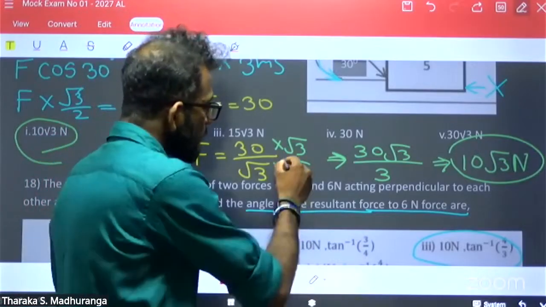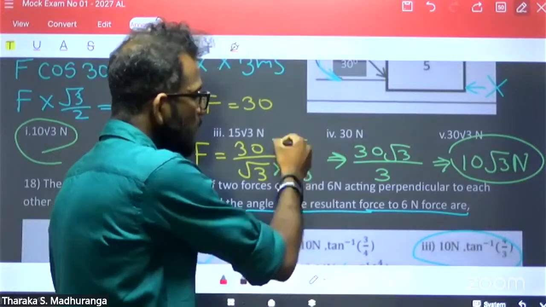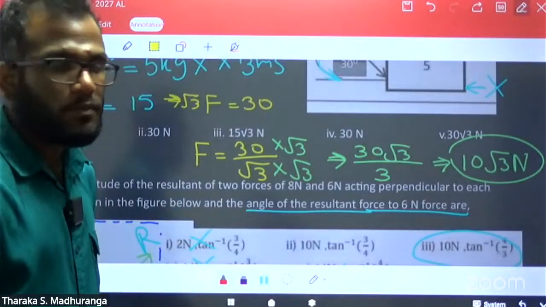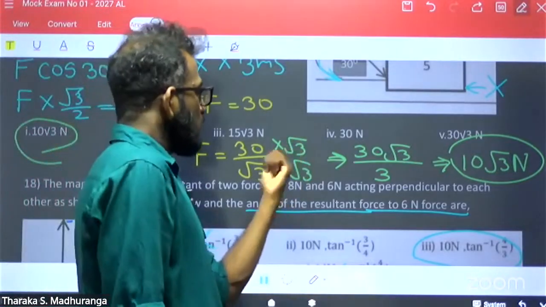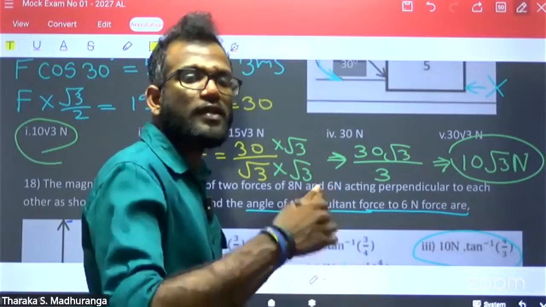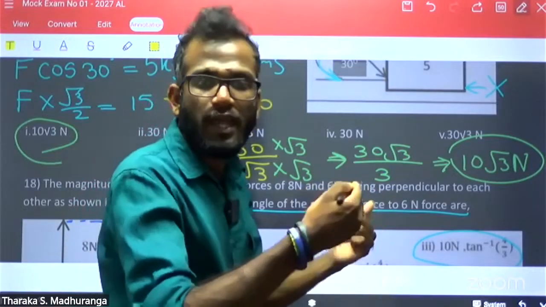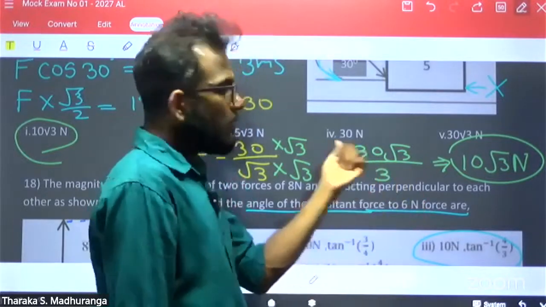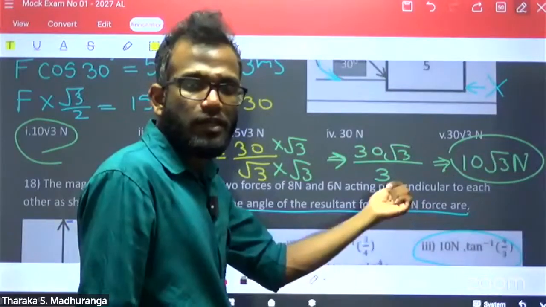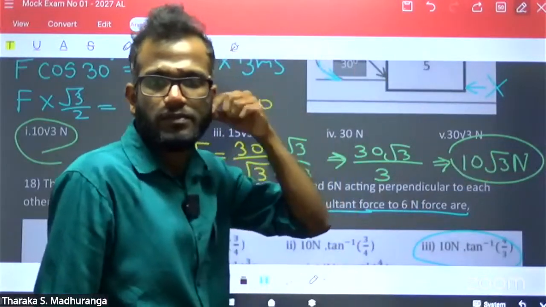Therefore, we multiply both by root 3. Then root 3 into root 3, the root squared cancels, it is 3. 30 into root 3. Now 30 and 3 divide by 3. It is 10 root 3.